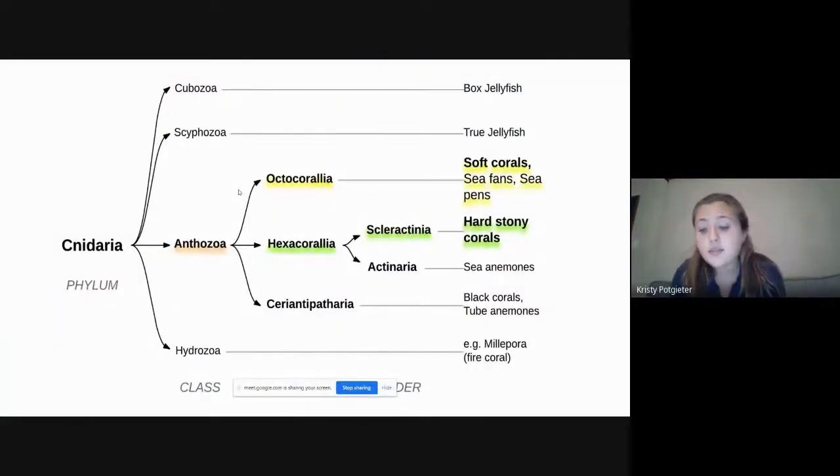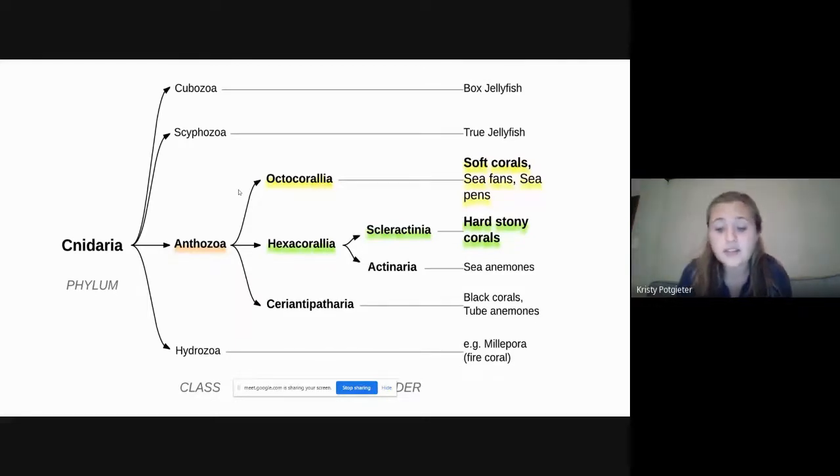So corals are marine invertebrates from the phylum Cnidaria and the class Anthozoa, and they are made up of colonies of identical polyps. So within Anthozoa, you've got a couple of subclasses, but the ones that we are going to be focusing on are Octocoralia, which are your soft corals, and Hexacoralia, which are your hard, stony corals and sea anemones.